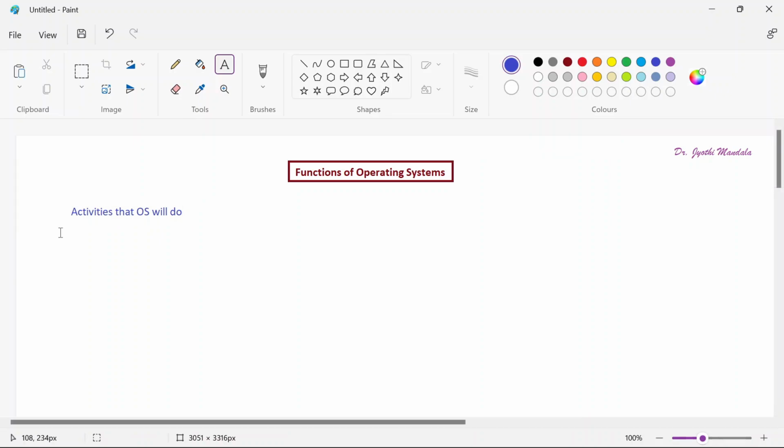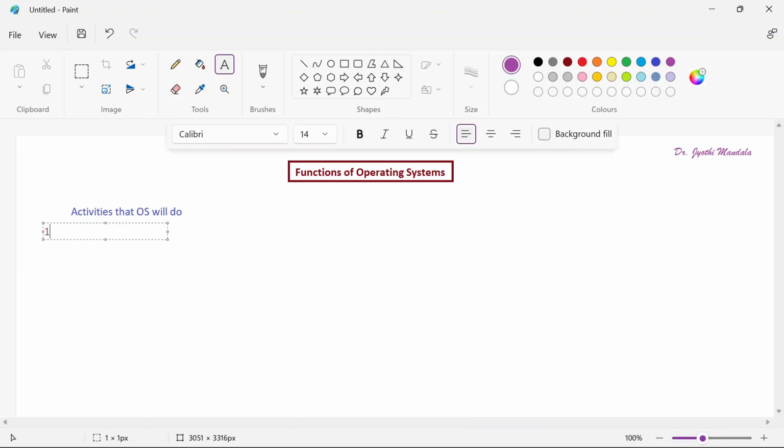So for the first activity, let us understand process management. But let me first highlight all the activities, and then we'll see them one by one. All of you note down the activities first so that we can have a brief discussion about all these different types of activities the operating system will do. The first one is process management.